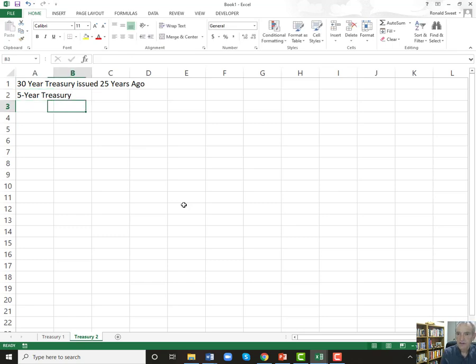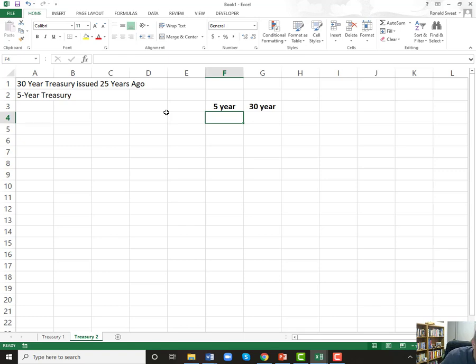That's what it is. So let's look at some current yields. Let's look at the 5-year, and let's look at the 30-year, today. Sorry, it's hard for me to see this other screen.